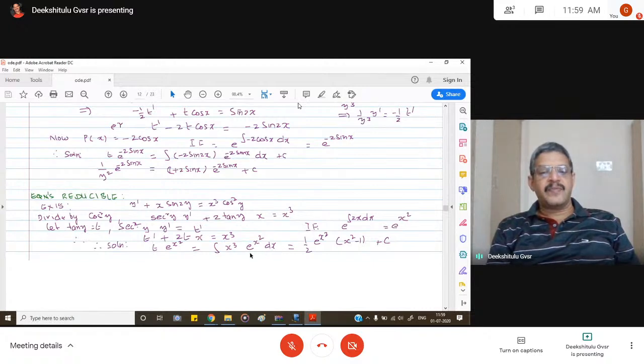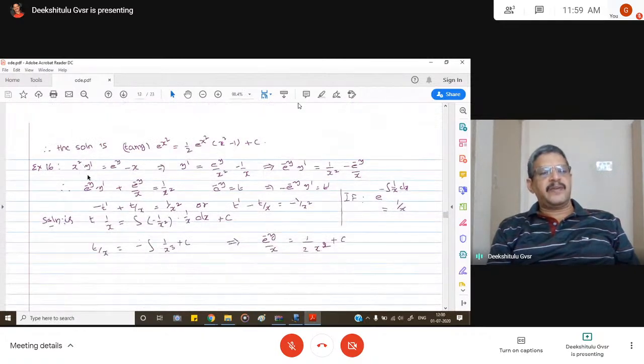It is in the standard form y dash plus p of x into y is equal to q of x. So the integrating factor is e power integral of 2x, that is e power x square. So multiplying throughout, the solution is t into the integrating factor equals integral of q of x, that is x cube, into the integrating factor e power x square. So this is how we get the solution for the equation.